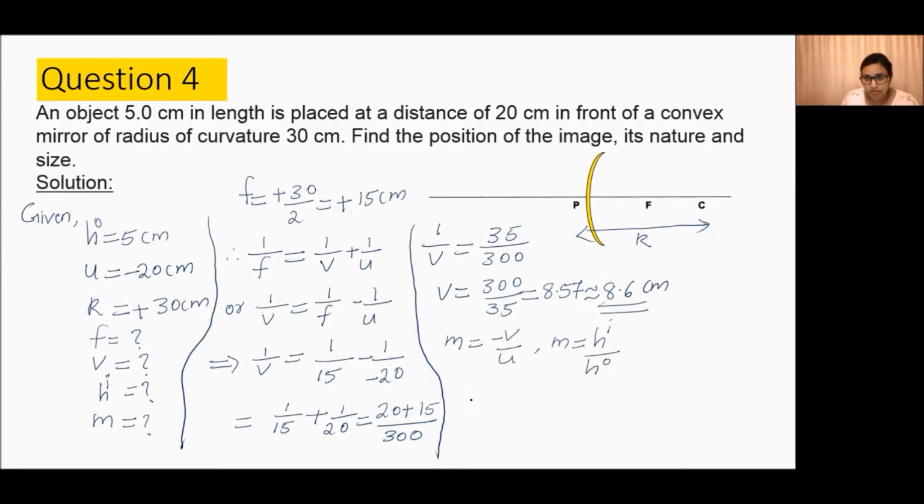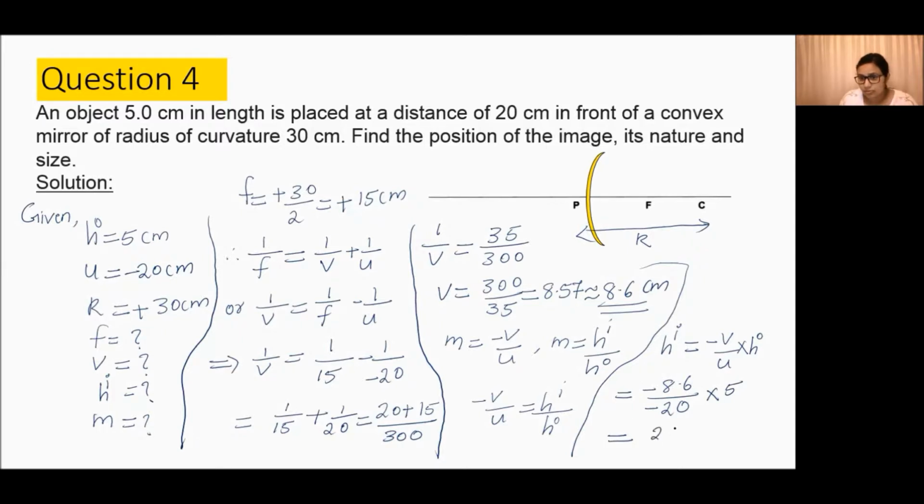So we can equate this to equation minus V by U is equal to HI by H naught, or we have HI is equal to minus V by U into H naught, which implies minus 8.6 divided by minus 20 times 5, which gives it is 2.15.